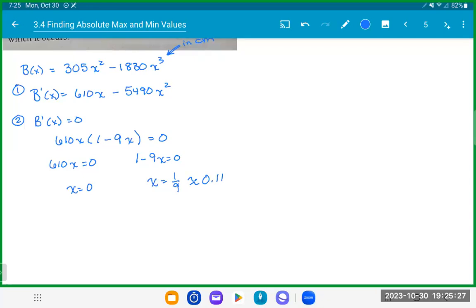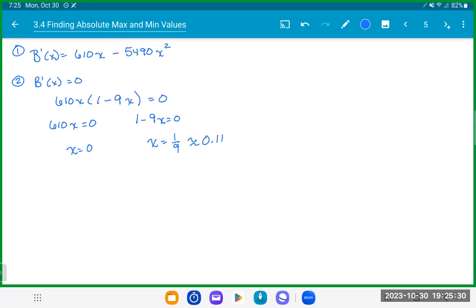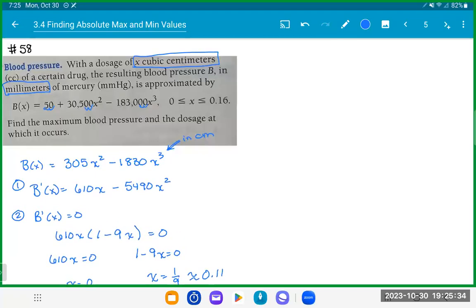Okay, so let's look at our endpoints for our problem. Our endpoints are on the interval, because the inequality tells me that I get a bracket. So my endpoints are 0 and 0.16.